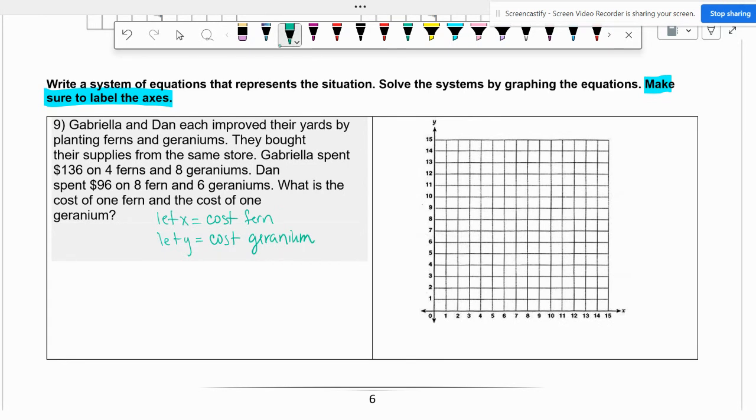And I want to think about Gabriella's equation. Gabriella bought 4 ferns and 8 geraniums, and she spent a total of $136. Dan bought 8 ferns and 6 geraniums, and Dan spent a total of $96.